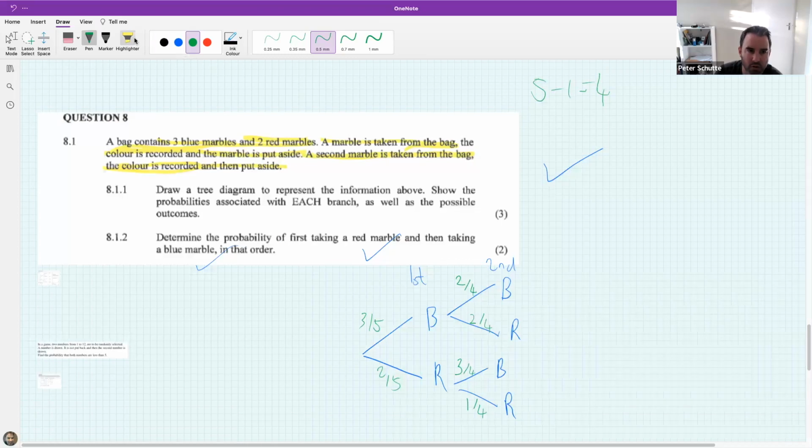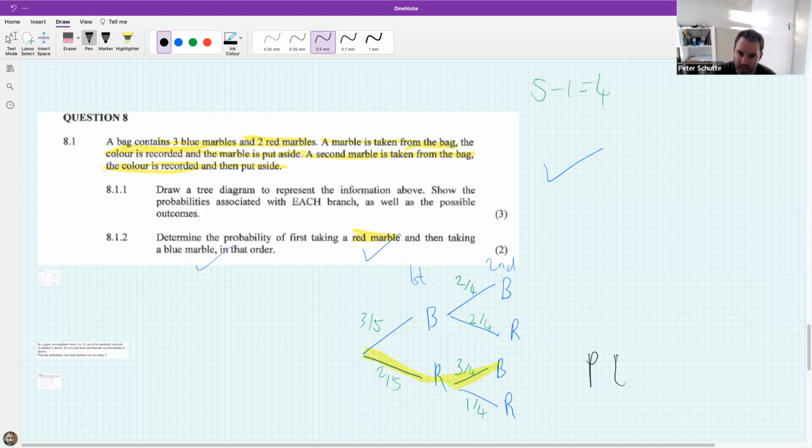Now, what I wanted to know was what's the probability of first taking a red marble and then a blue marble? So I have to start out on this path, and then I have to take a blue marble. So for me, this is the only outcome that's favorable for this question. So what's the answer to that going to be?